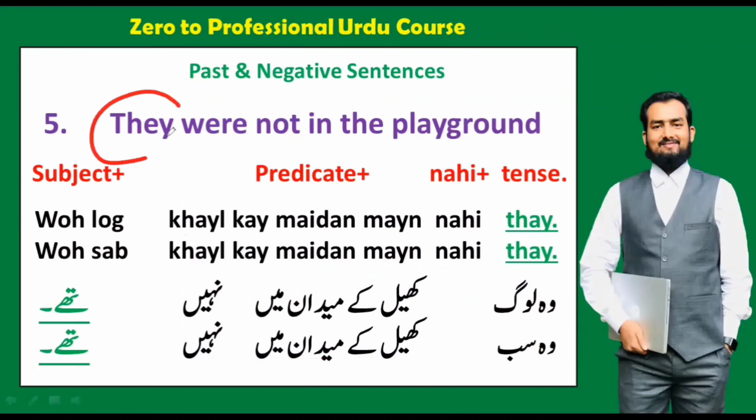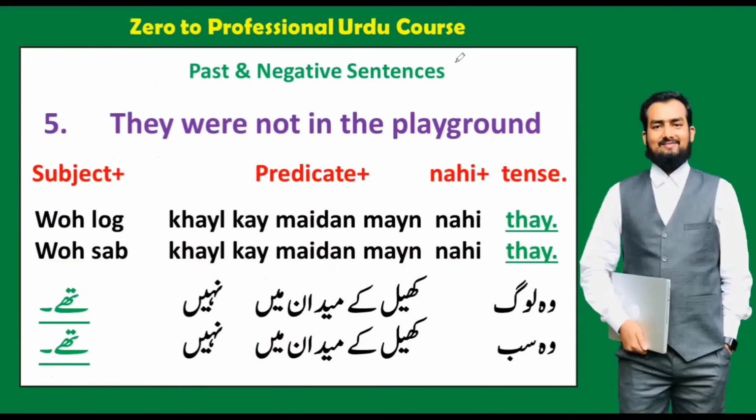So here we have used they in the context of male. That is why we have told here वो लोग or वो सब. But if you want to use the same for female, you will say वो सब खेल के मैदान में नहीं थी और वो लोग खेल के मैदान में नहीं थी.